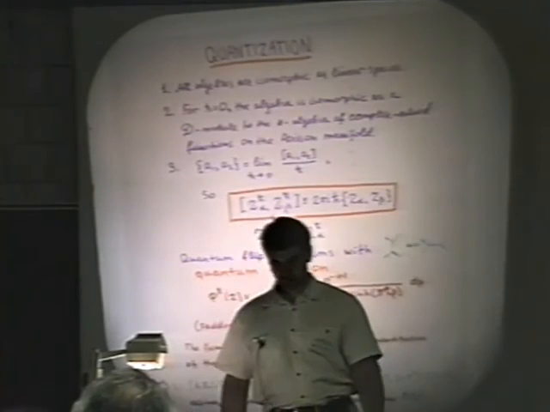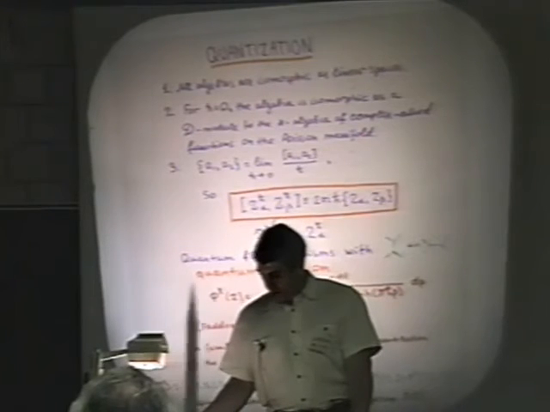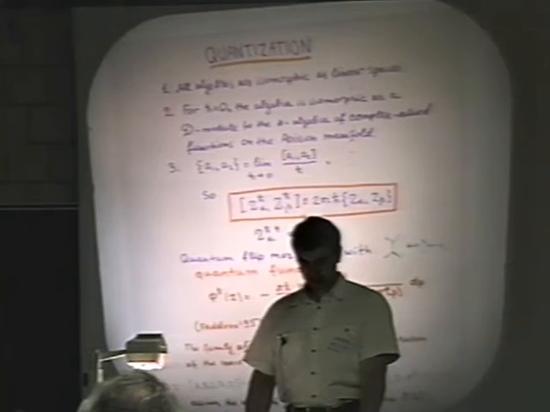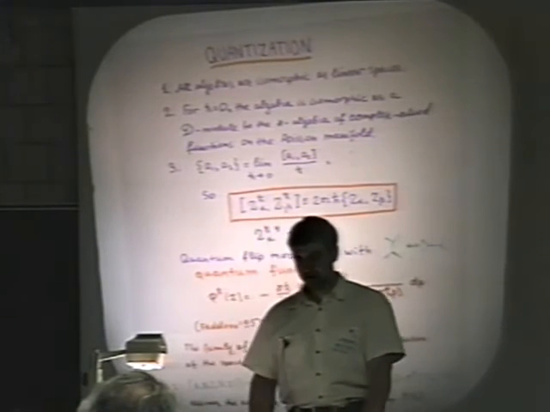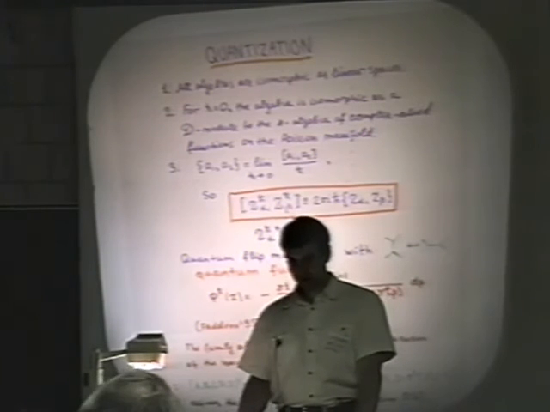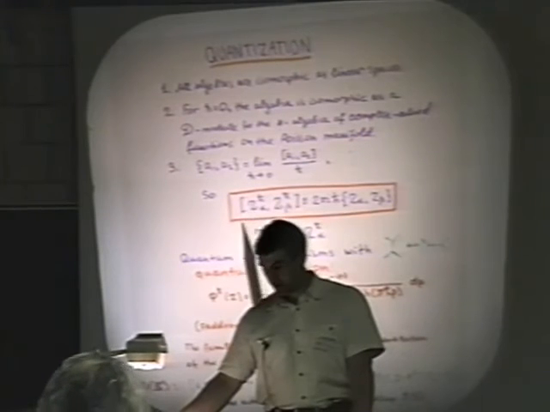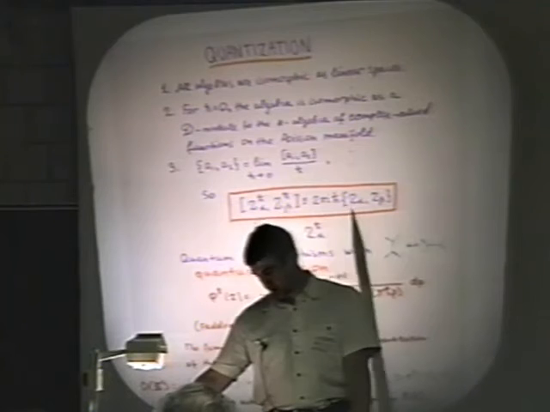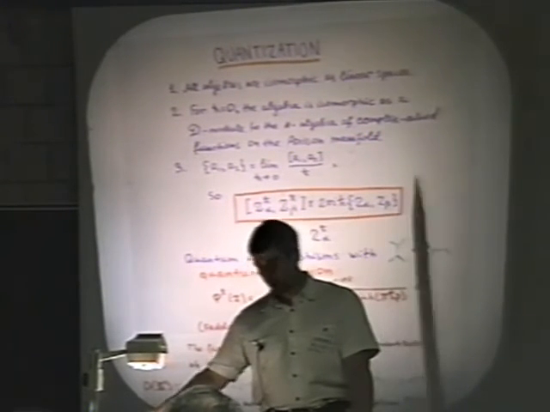Now let me proceed to the quantization of this algorithm. The quantization is, in this case, just astonishingly simple. Because we have Poisson brackets that were just numbers, we claim that the corresponding commutator between the quantum objects must be expressed as a constant, 2 pi i h, times this Poisson bracket.